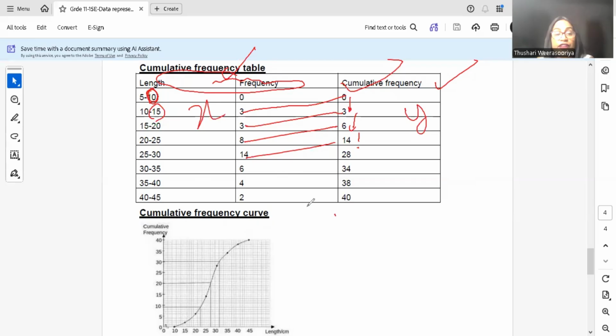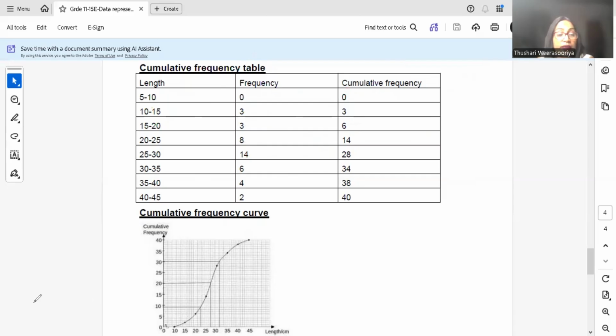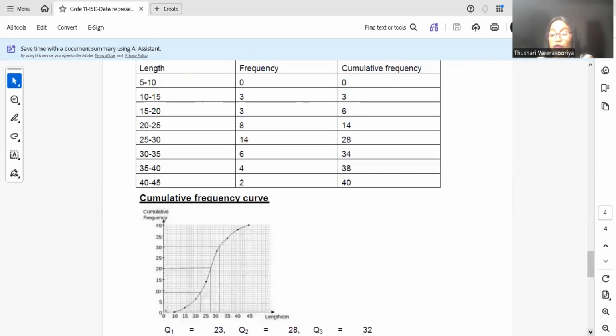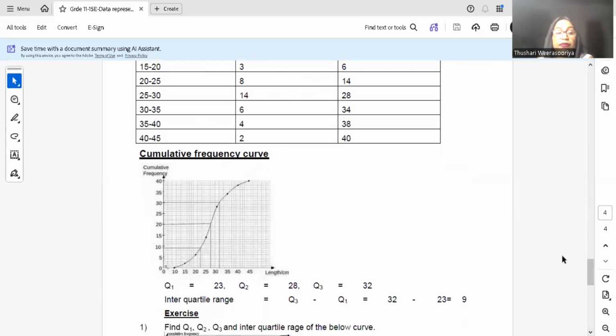Now we'll see how to find Q1, Q2, Q3 from the graph. Most of the time you get this in exams. The maximum cumulative frequency is 40.